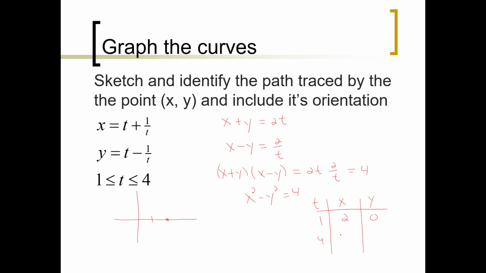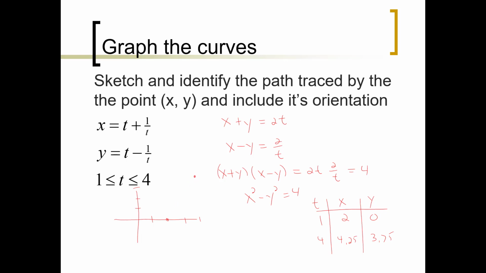If t is 4, then x would be 4.25, and the y value would be 3.75. I would have a point at 4 and a smidge, 3 and a smidge. It'd be up here somewhere.